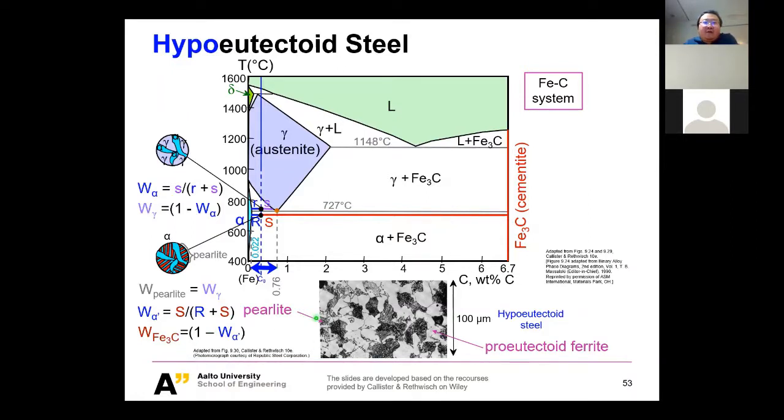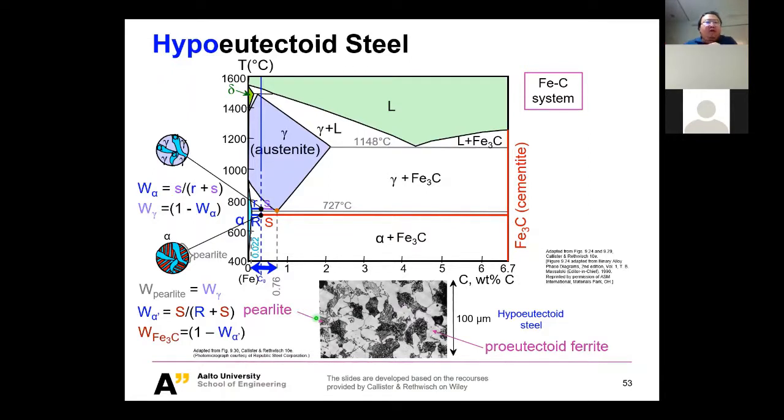Here, just to be careful, the alpha you calculated from this equation is not the specific alpha. It's an accumulation of alpha. It's both the alpha in your pearlite and the pro-eutectoid alpha. So this is a very important point.